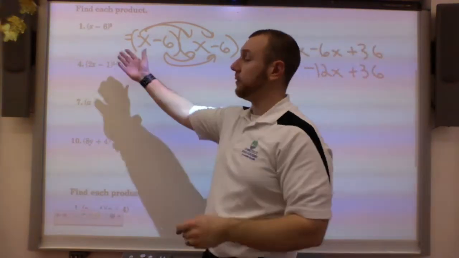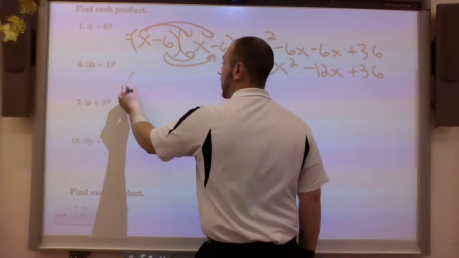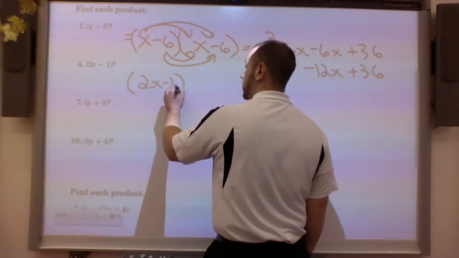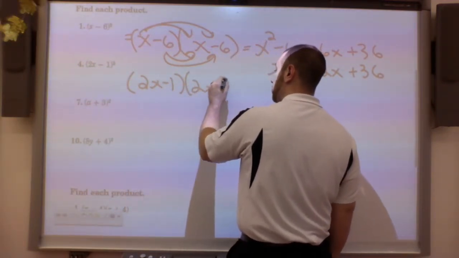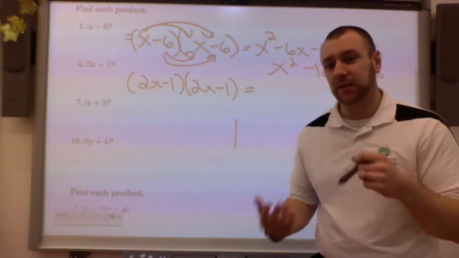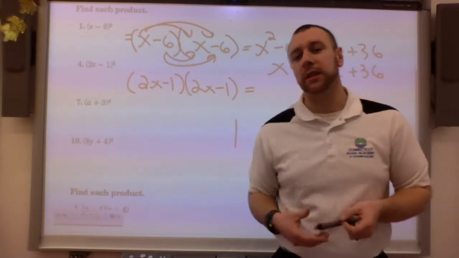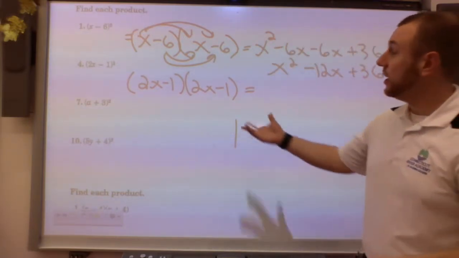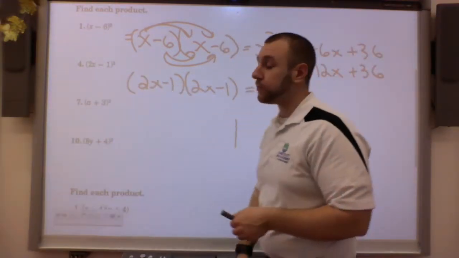I can do the same thing for 4. 4, again, is that 2x minus 1 times 2x minus 1. The reason why I can do this is I figured out a pattern. I'm seeing if you guys can figure out the pattern when I square something like this.